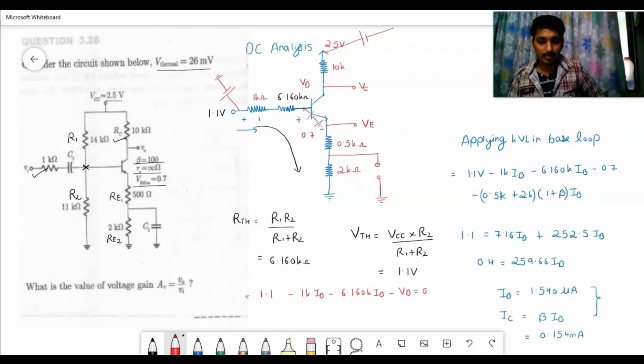If we simplify this, 1 plus 6.160 is 7.16 into 1.540 into 10 raised to minus 6 into 10 raised to 3, so it will be approximately 1.088 for VB.